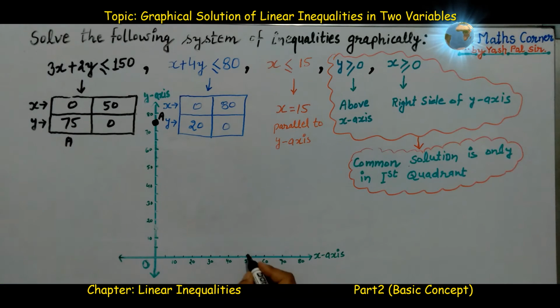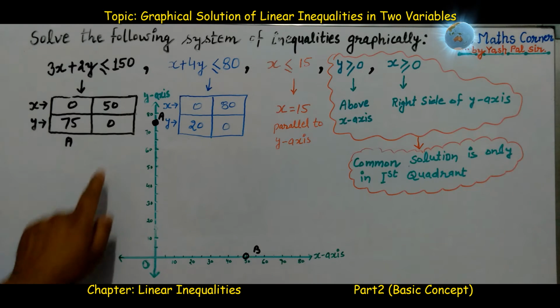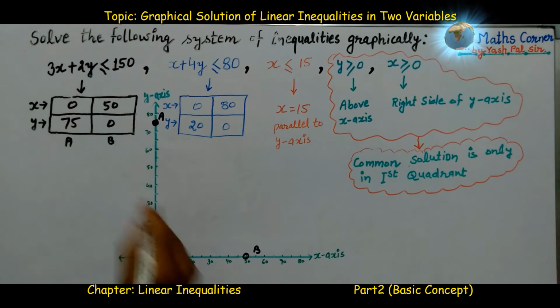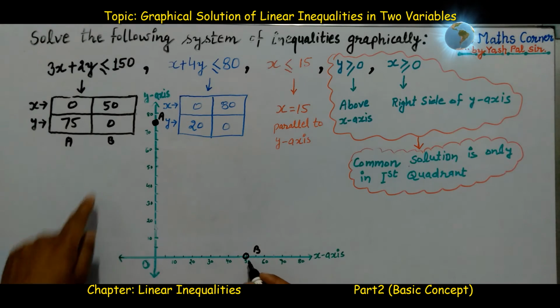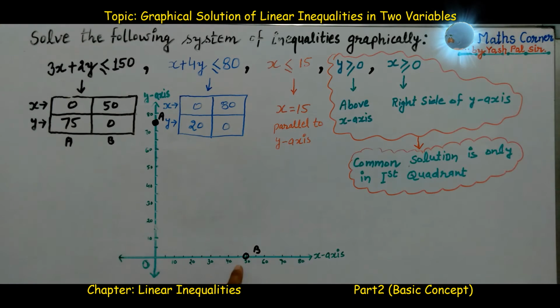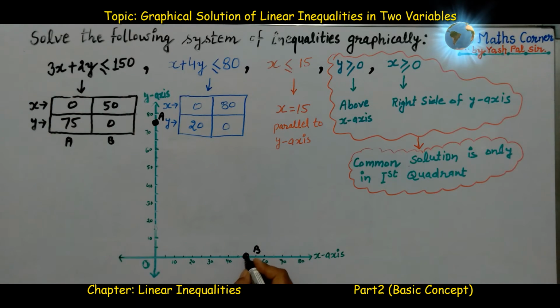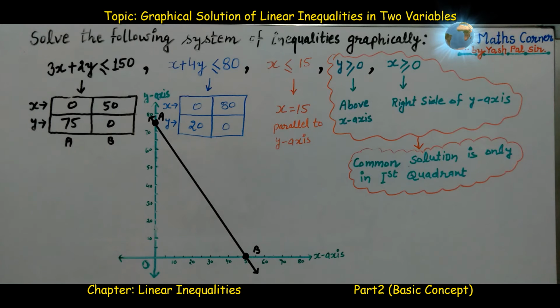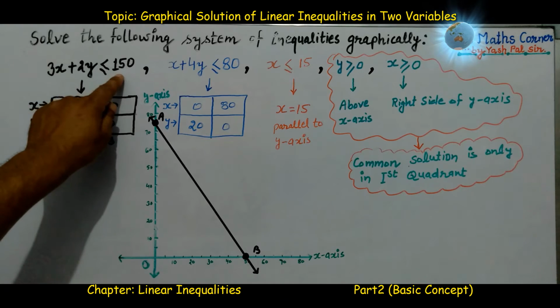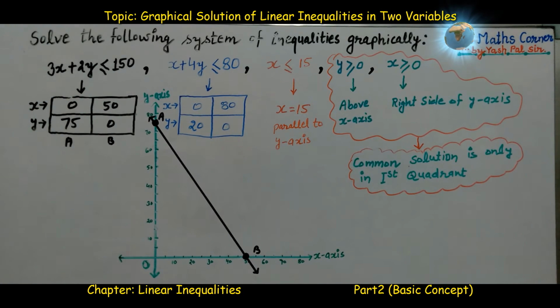This is point B. Now joining these two points, because of this equal to sign, with a dark line, we have joined A and B. The name of this line is 3x plus 2y is equal to 150.